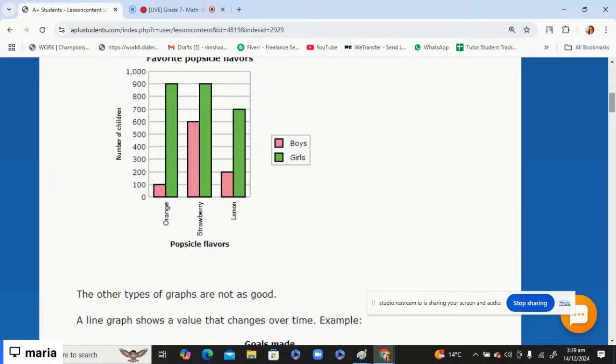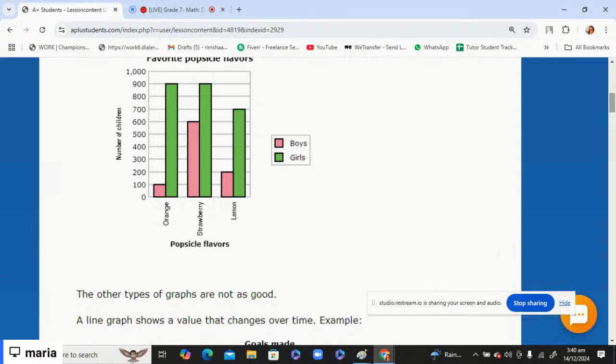Okay, so for the first one, the boys number of children is only 100. And for the girls, the number of children is 9,000. So this is a clear difference between these two: which one is for the boys and which one is for the girls, and how many for the boys and how many for the girls. Okay, so this is the graph, a double bar graph. This shows the clear difference between these two.